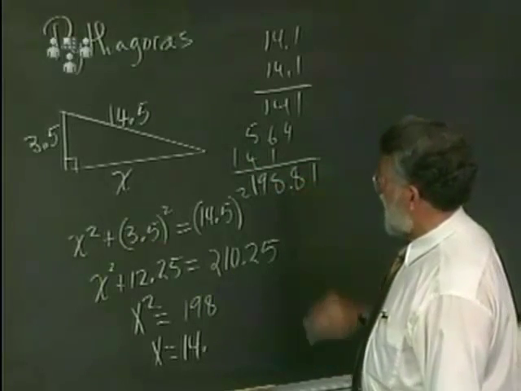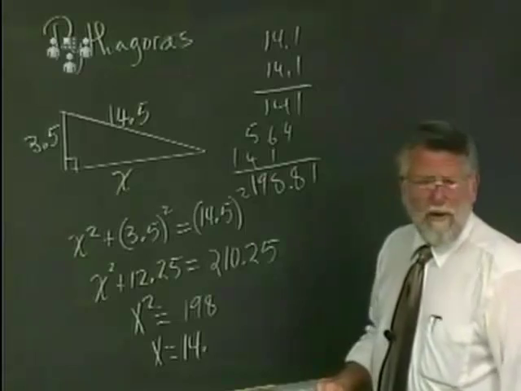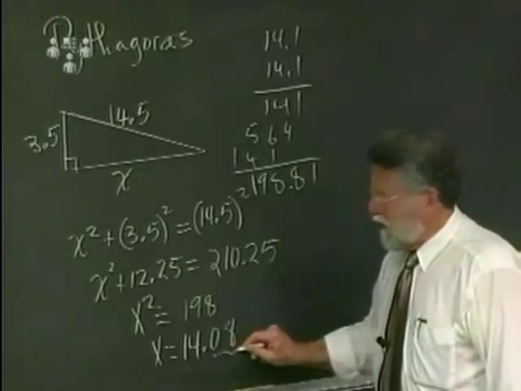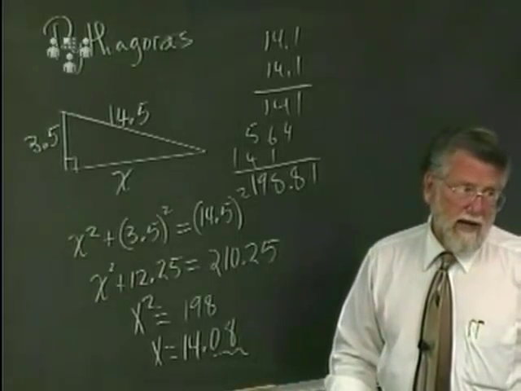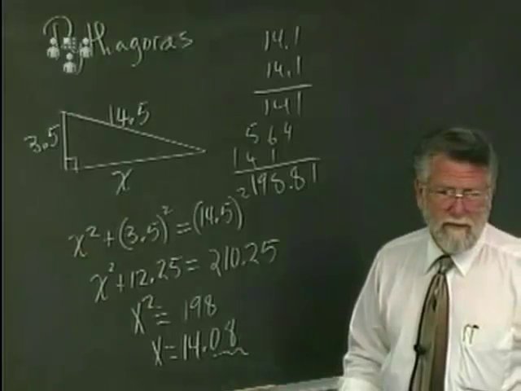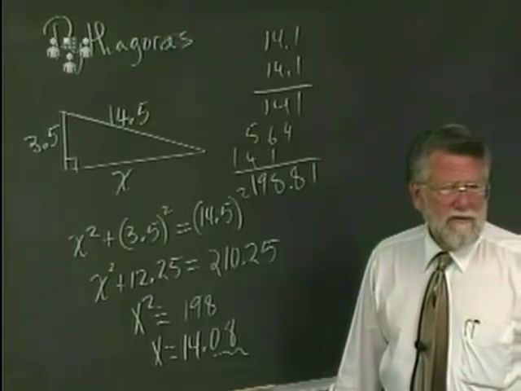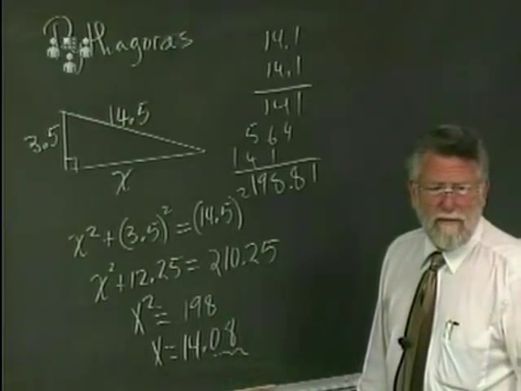And so I'm over by what? 81 hundredths. So it's got to be less than 14.1. So maybe 14.08. And then I try that until I zero in on it or get bored or go to a calculator. So approximately 14, rounding off, to the nearest unit, 14.